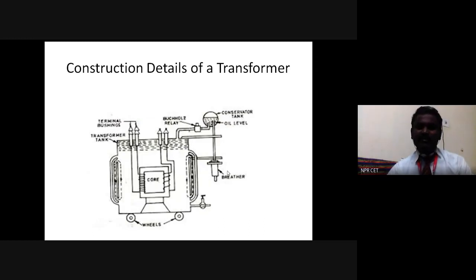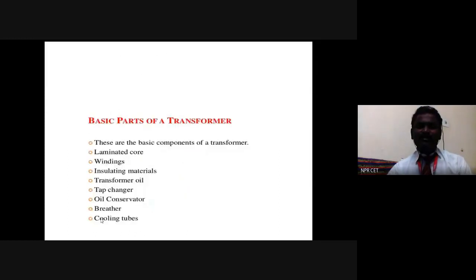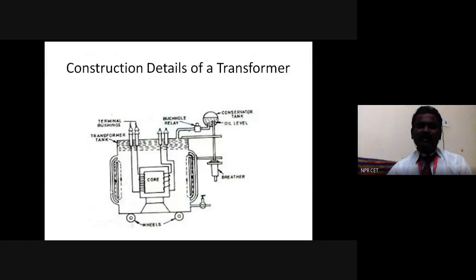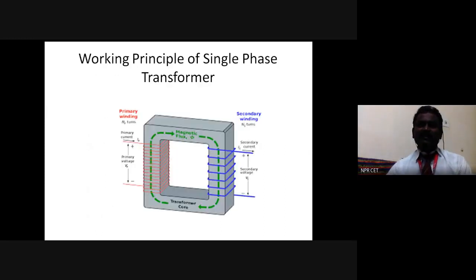So this is the purpose of providing the breather. And finally, cooling tubes. For providing cooling media, the cooling tubes are there, right? So these are the construction details of a transformer. Okay, the next slide: working principle of a transformer.